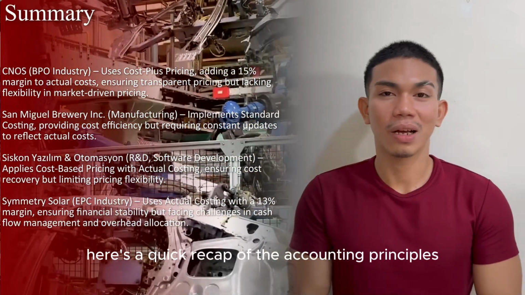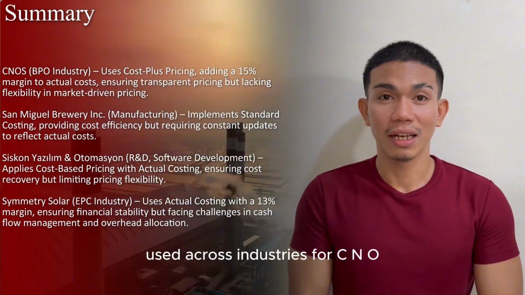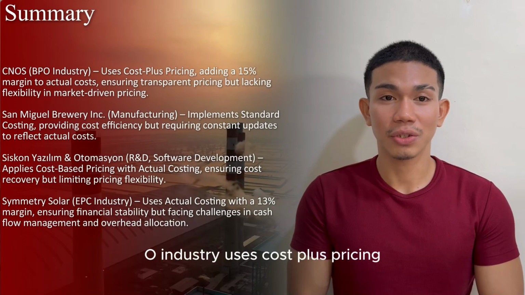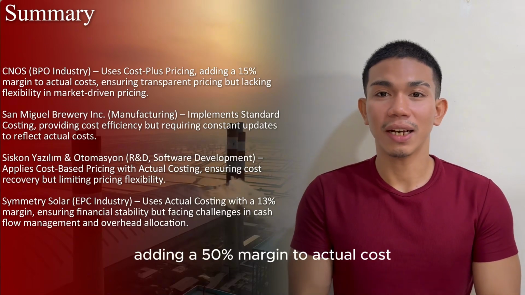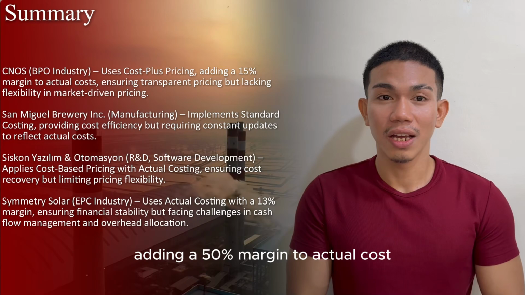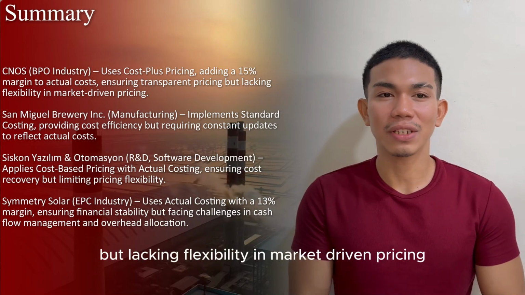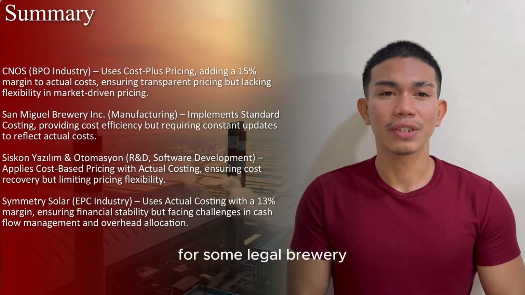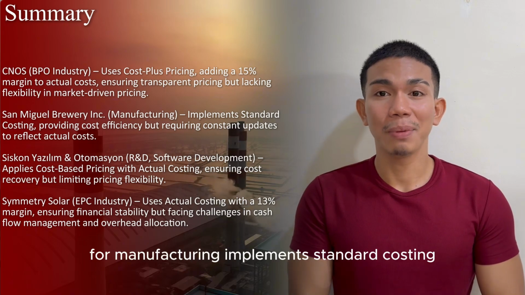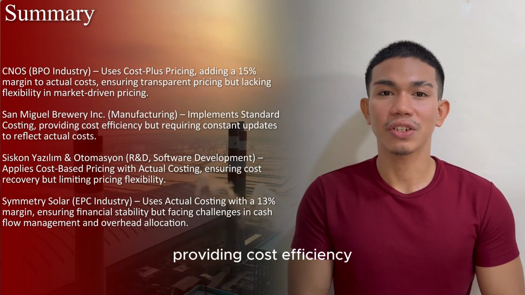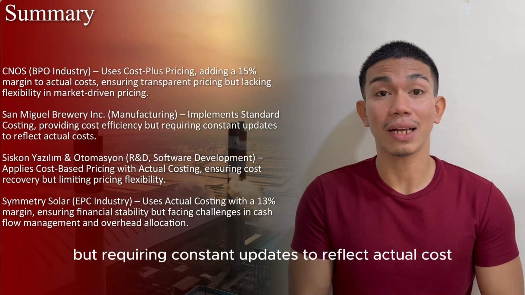Here's a quick recap of the accounting principles used across industries. For CNOS, the BPO industry, uses cost-plus pricing, adding a 50% margin to actual cost, ensuring transparent pricing but lacking flexibility in market-driven pricing. San Miguel Brewery, for manufacturing, implements standard costing, providing cost efficiency but requiring constant updates to reflect actual cost.